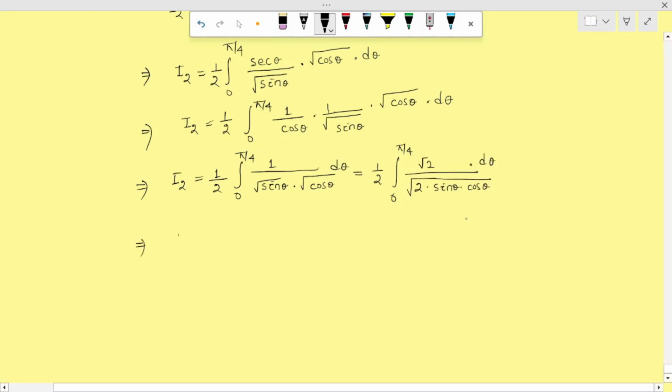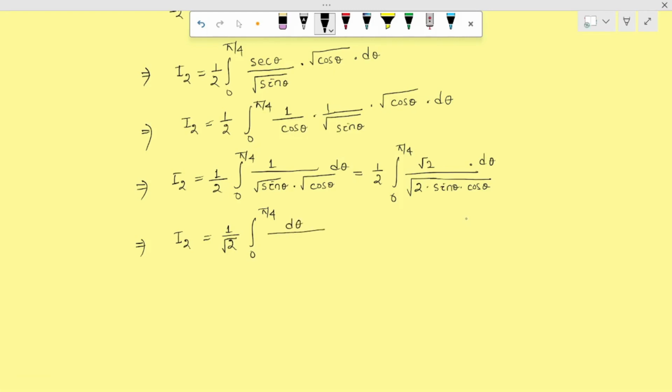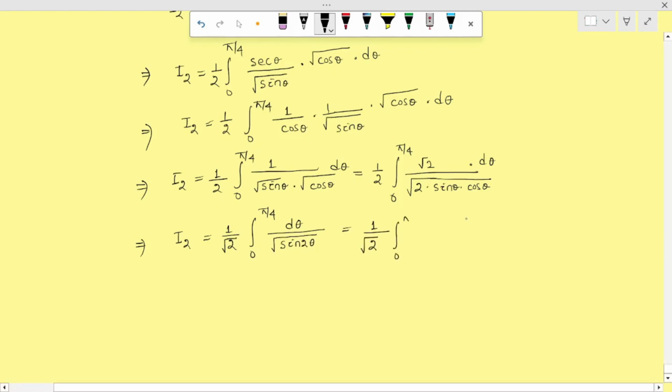That implies I2 we got is 1 by 2, integral 0 to pi by 4. Take root 2 outside, so this becomes 1 by root 2, since 2 and root 2 cancel, into d theta. Here we can see 2 sin theta cos theta is nothing but sin 2 theta, under the root. So we can write 1 by root 2, integral 0 to pi by 4 as the limit.